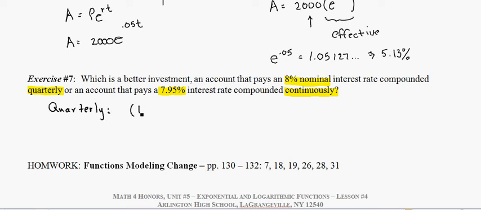For quarterly, I have 1 plus 0.08 divided by 4. That's what I would multiply by each quarter. But if I raise it to the fourth, I'll figure out what I multiply by each year. That's going to be 1.082432216. Again, how many decimal places I need is questionable because I don't know how closely they're going to match. So let's go with the continuous.